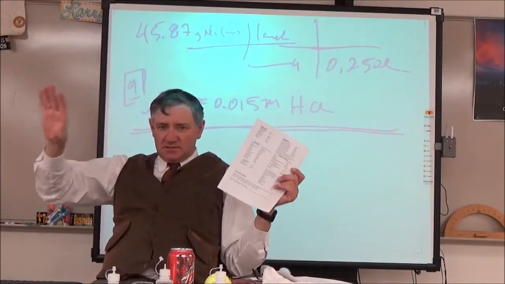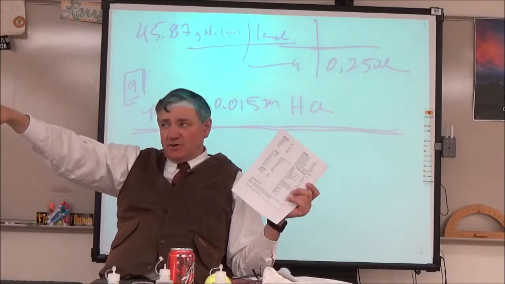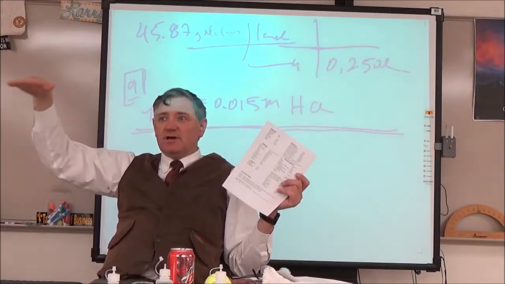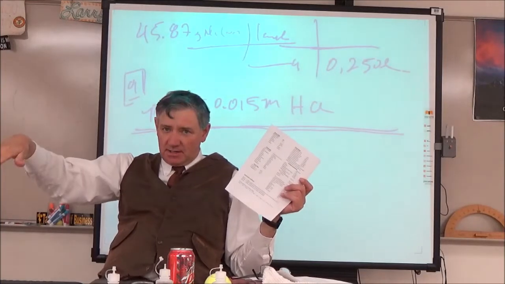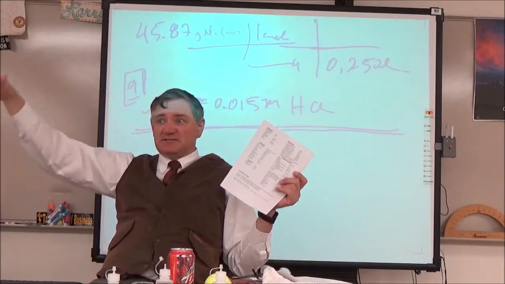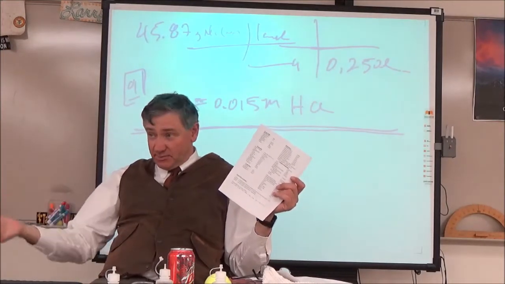If you go down the halogens list, other than fluorine, you get hydrochloric, hydrobromic, hydroiodic. So a lot of your strong acids are just the halogens list. The only one that isn't is fluorine.